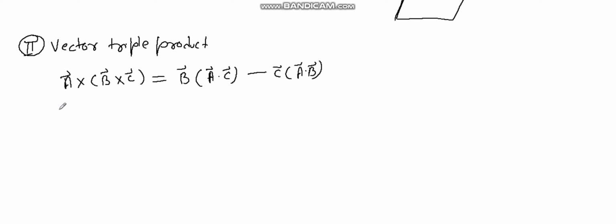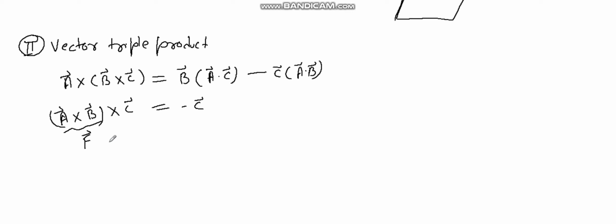Okay, so here we can also see that we can also write it like this: A cross B in the bracket over here, and then C. Okay, so what we can do, we can write this as minus of C cross, and we assume this as a vector F, let's say.